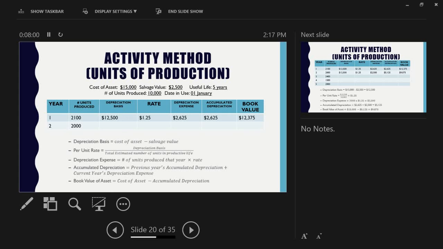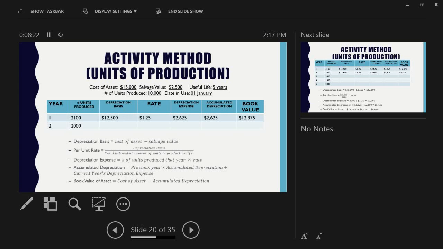Depreciation is the cost of the asset minus the salvage value. So we still use 15,000 as the cost of the asset, minus the salvage value, which is still 2,500.